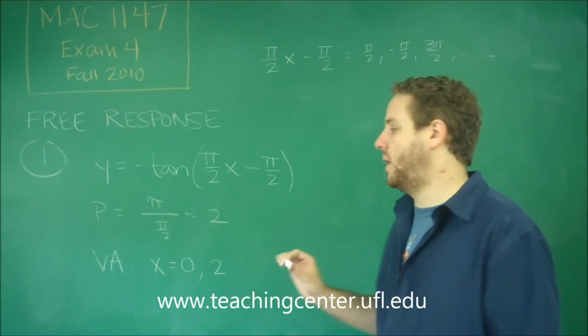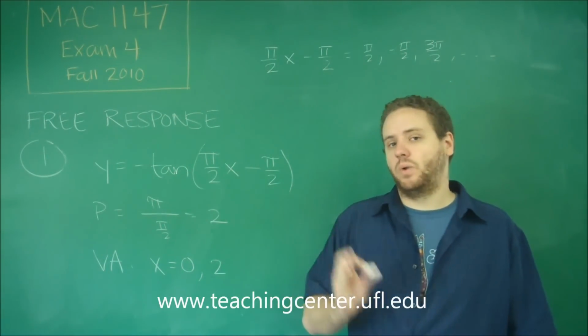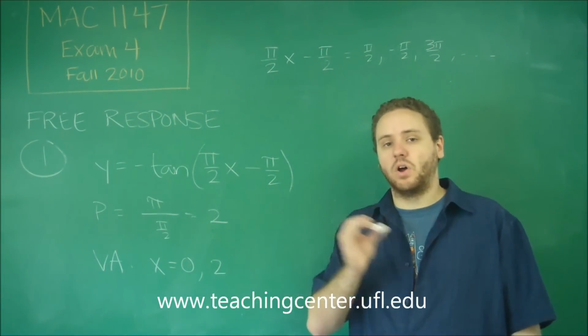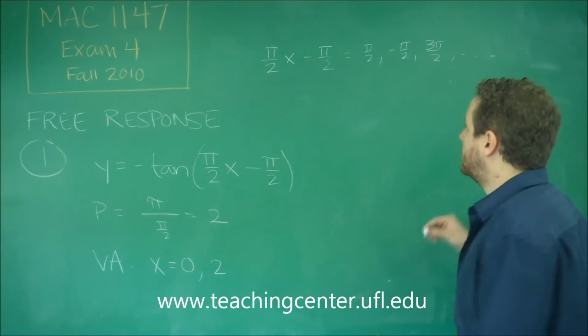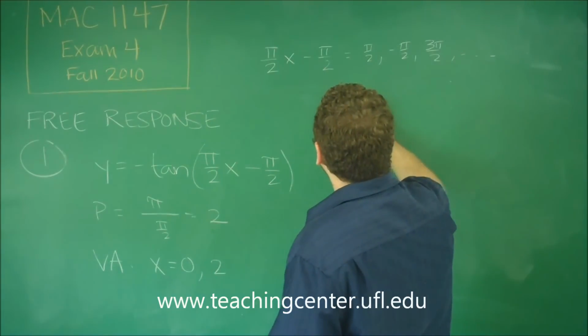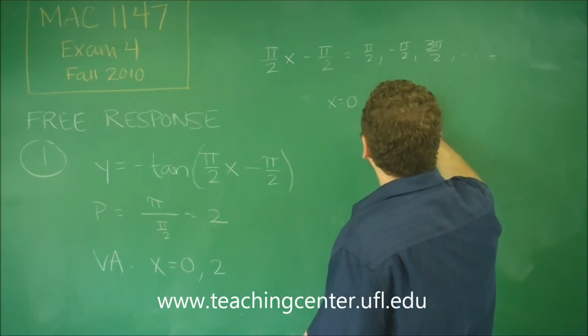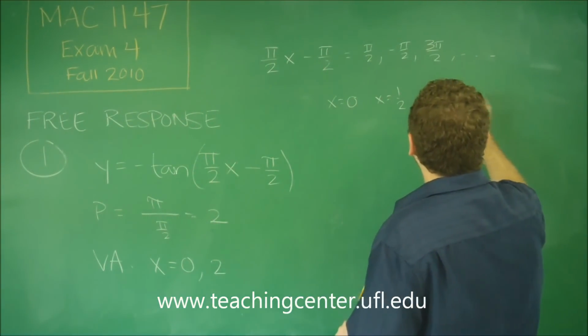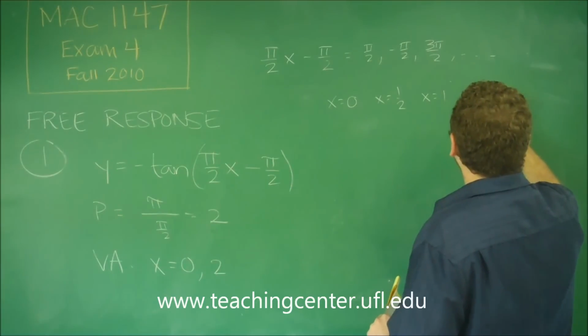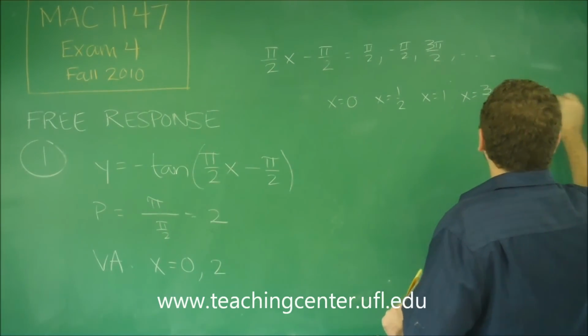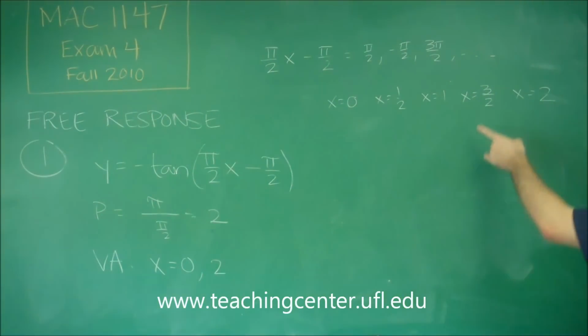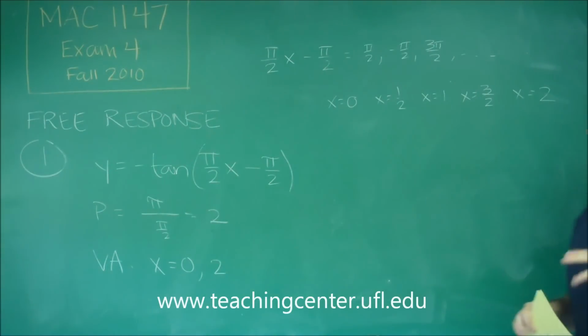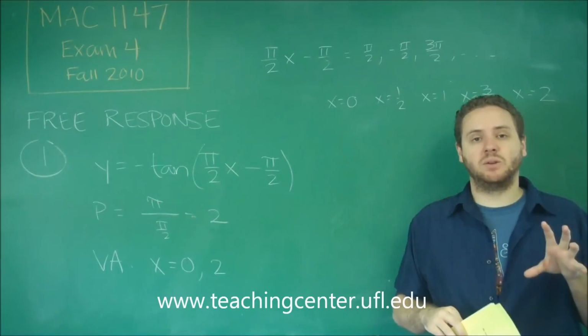So we want what happens at 1, what happens at 1/2, what happens at 3/2, all equal intervals. So we're going to have our key points of 0, 1/2, 1, 3/2, 2. So these 5 points are breaking our one period down equally.